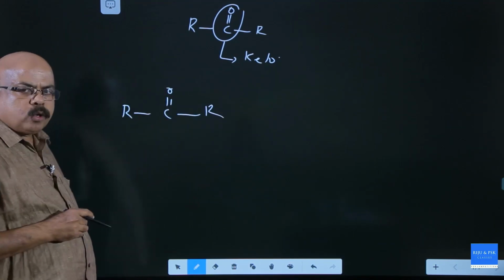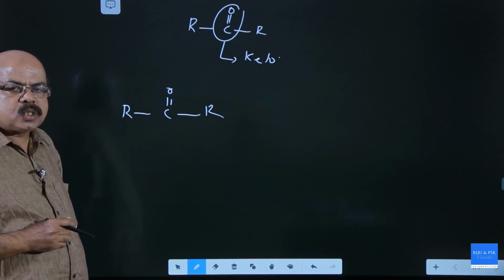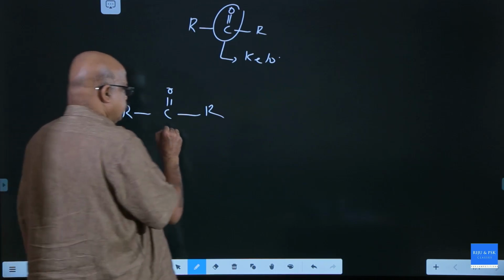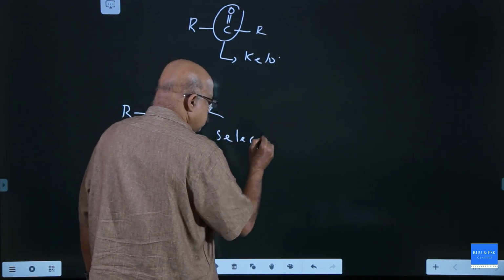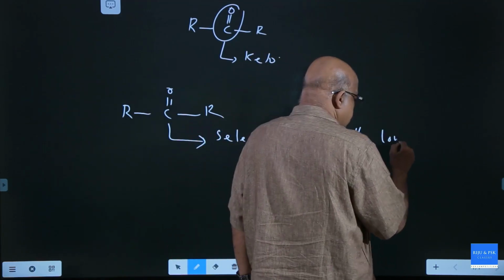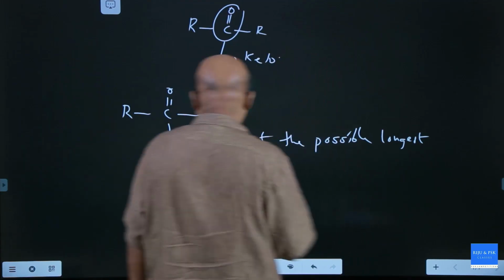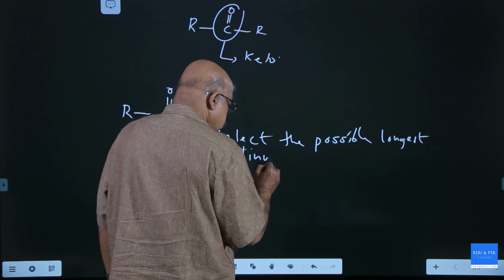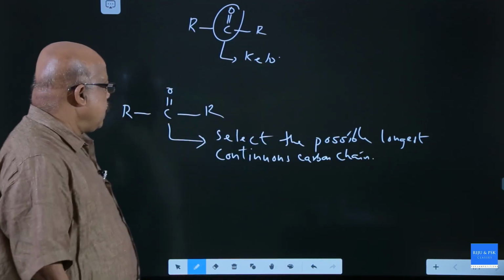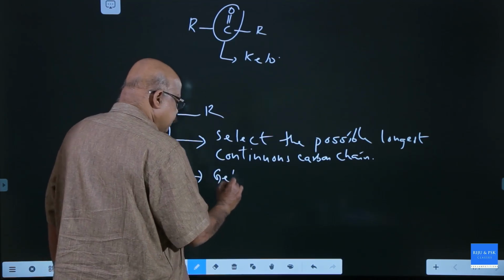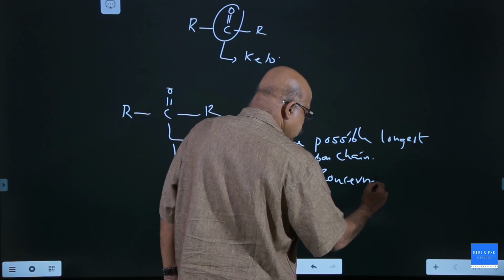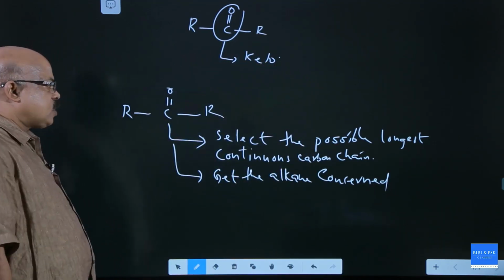To name a compound having CO group, to name a ketone, you have to select the longest possible continuous carbon chain.